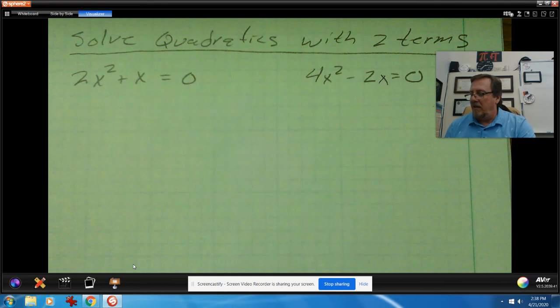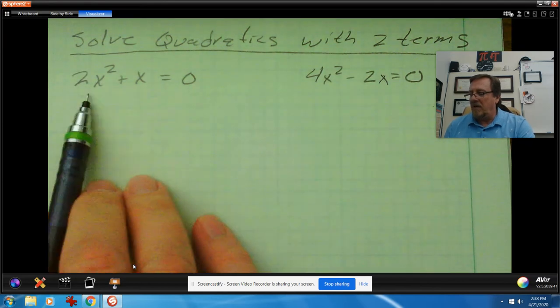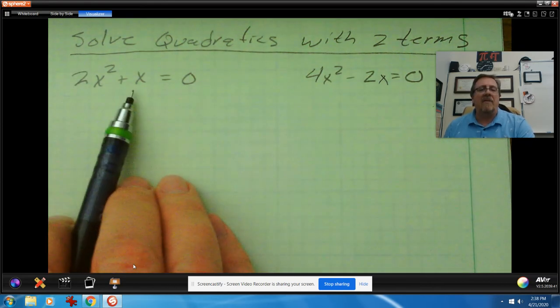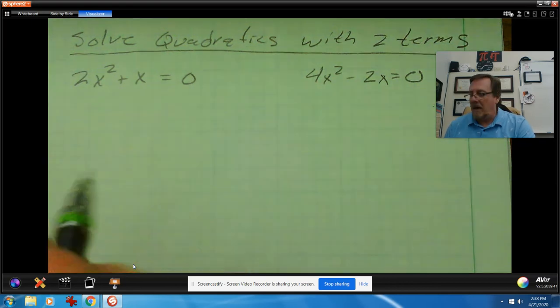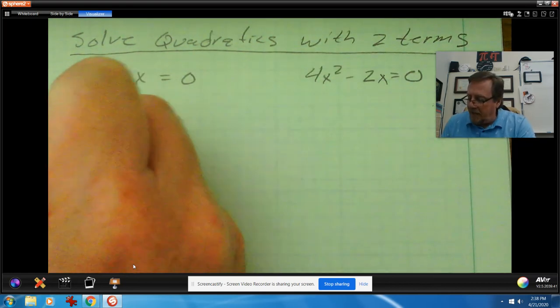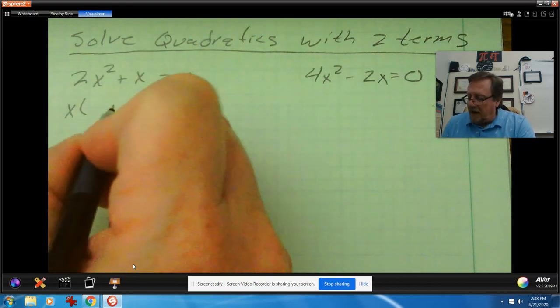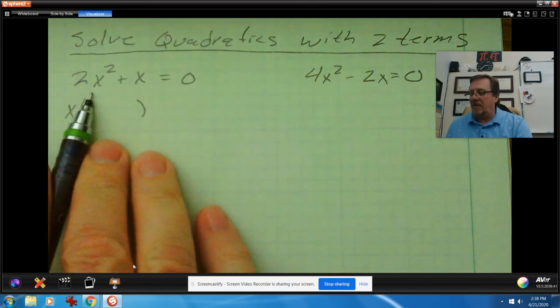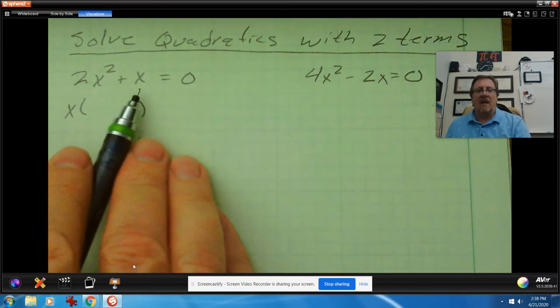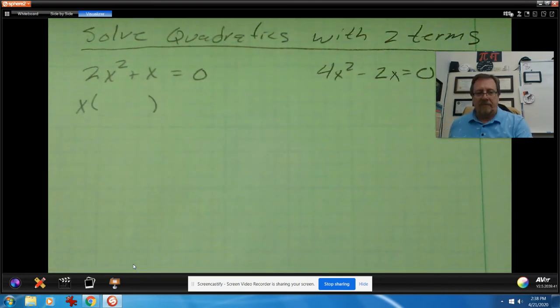So for this one, we're going to look at this and say, what do these two things have in common? And what they have in common is an x. I could factor out an x from both this term and from this term. So we're going to factor out the common factor.